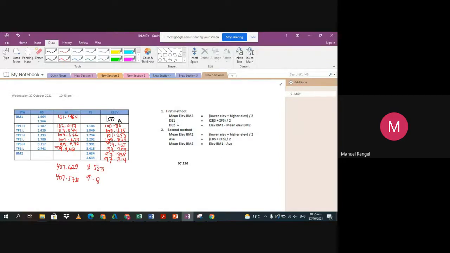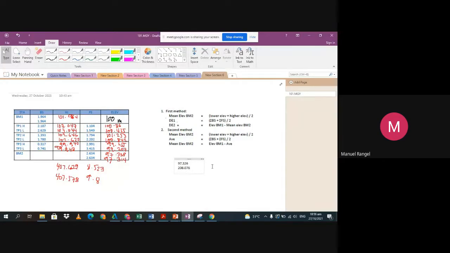Okay, summation of backsight plus foresight divided by 2: 407.629 plus 8.523 is 416.152, divided by 2.